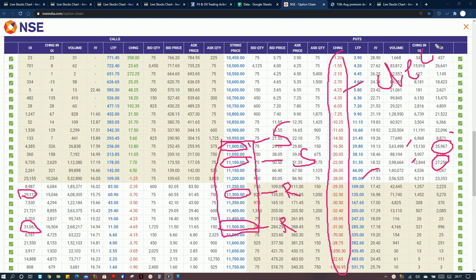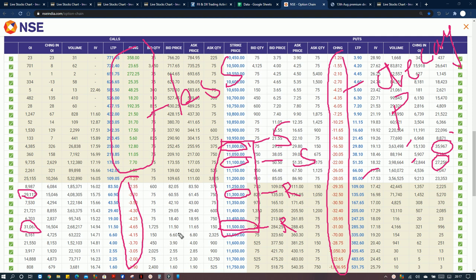The decay is more on the put side, but if you see the call side, the decay is very less. Even in the money, there is no decaying at all. So the decay happened on the top side, but if there is a bull move, then we can expect this to turn out to be positive.